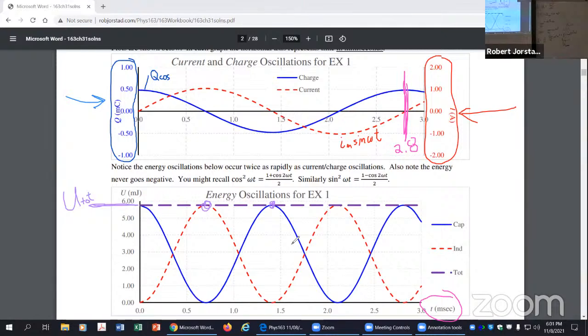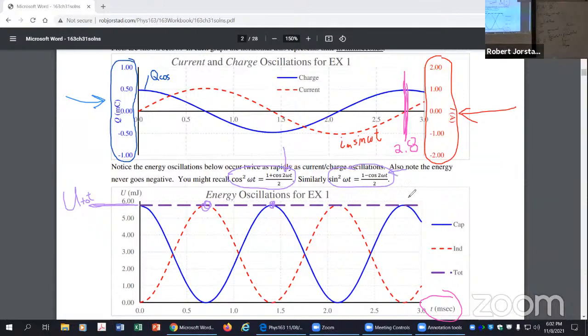Do notice something subtle. Do you see the energy oscillates at twice the rate of the current or the charge? You see the bumps happen twice as often in the lower plot? And I like to point that out. Remember that cosine squared has a cosine 2 omega t, twice as rapid, and sine squared has a cosine 2 omega t.